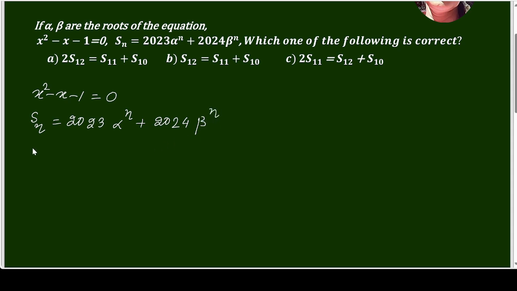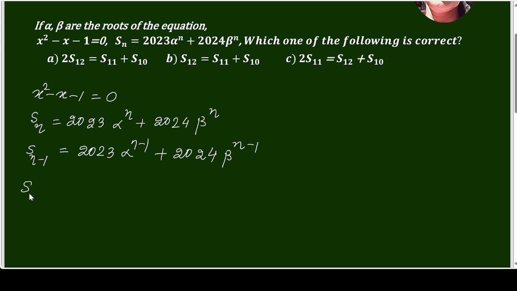Now from this expression, let us get the expression for S n minus 1. Sum of n minus 1 terms will be 2023 alpha to the power n minus 1 plus 2024 beta to the power n minus 1.